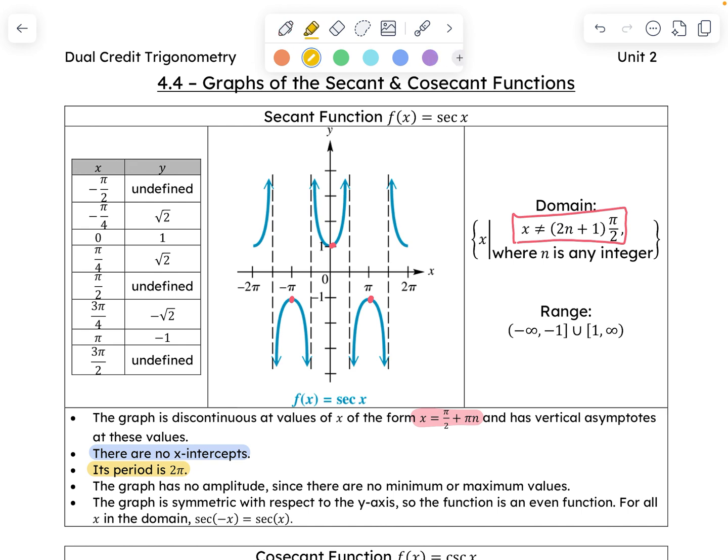And then this graph is symmetric with respect to the y-axis, so it's an even function. So the secant of -x is equal to the secant of x. Now, the secant is the reciprocal for cosine, and cosine was our other even function, so that makes sense that the two reciprocals of each other are the only two even functions, actually.